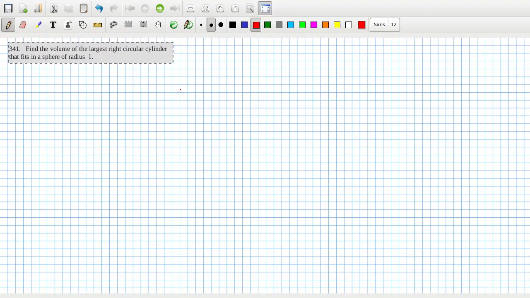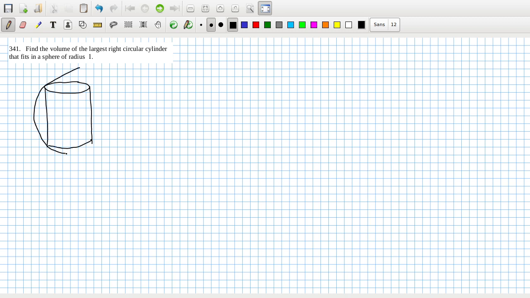Find the volume of the largest right circular cylinder that fits inside a sphere of radius 1. So there is the cylinder, and it has to fit inside a sphere of radius 1. So I think that would mean that this diagonal here is 1 unit.